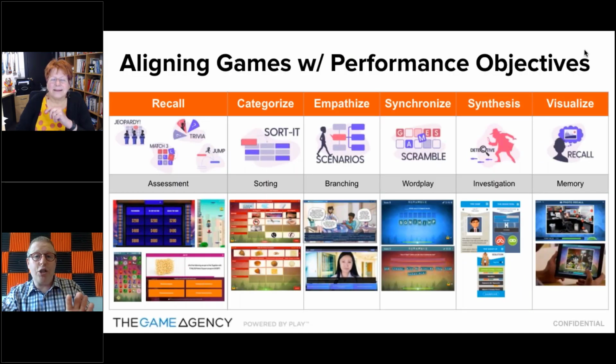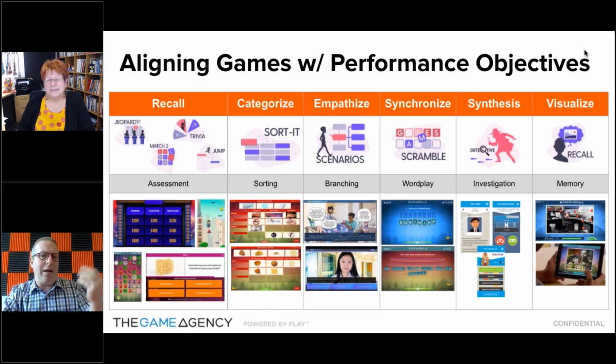So I'm gonna show you this eye chart, but we're gonna dig into this on a much deeper level. People often say, okay, that's great that there's lots of different types of games out there. How do I know what game to use to align with my performance objective? And we're going to go through all of these, but I wanted to really start by thinking about what are some of those objectives, right?